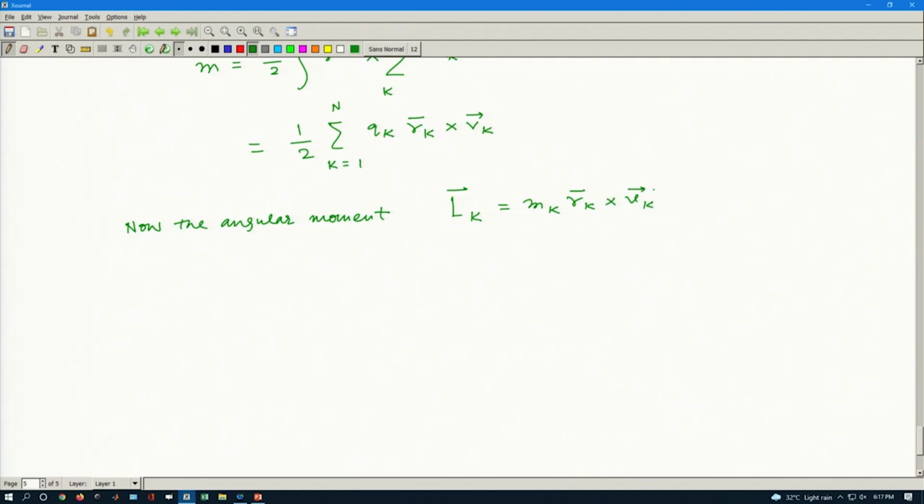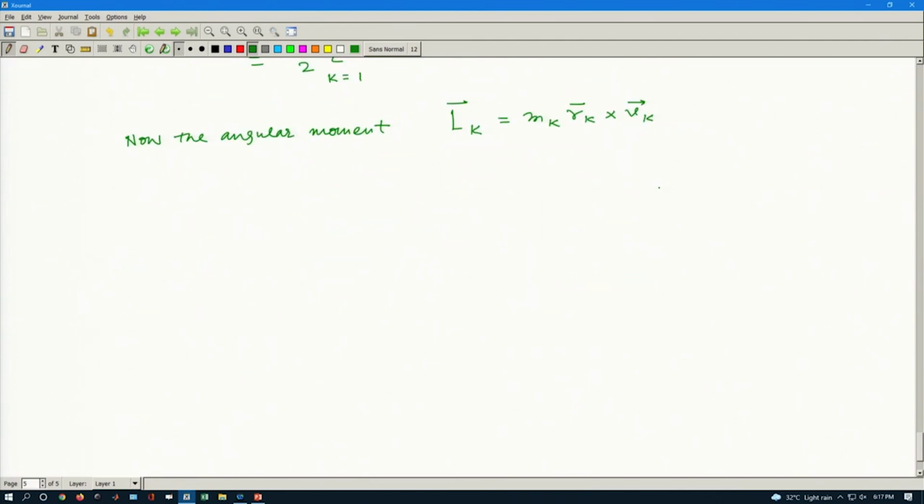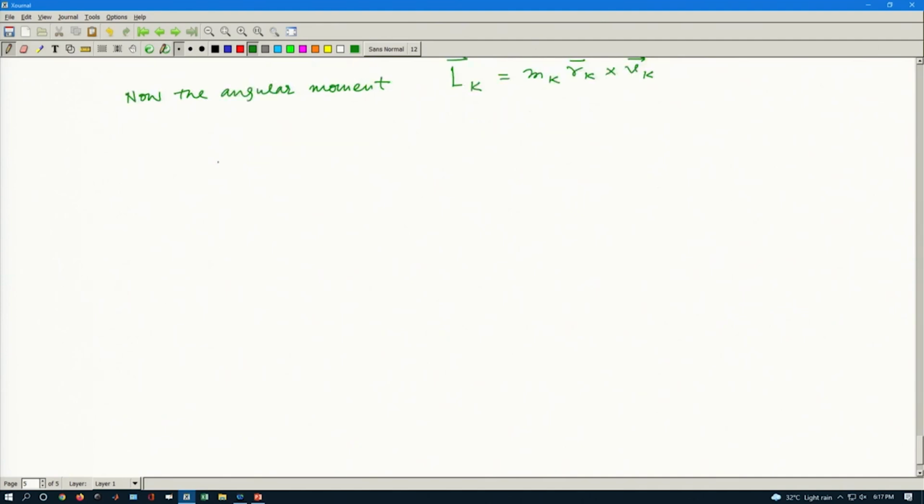So that means I can write my magnetic moment in terms of this angular momentum. The magnetic moment m is simply the sum over k from 1 to the number of particles n of q k divided by 2 m k, because the half is there, times L k.